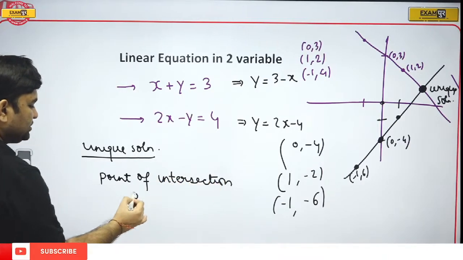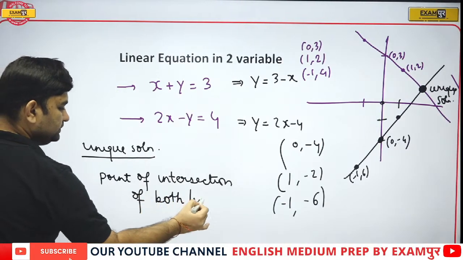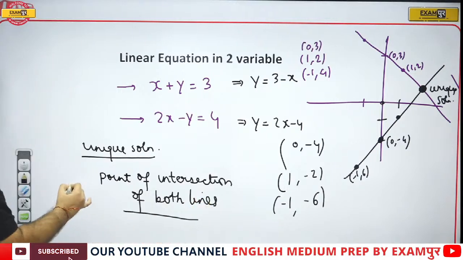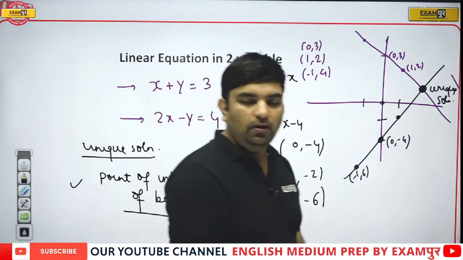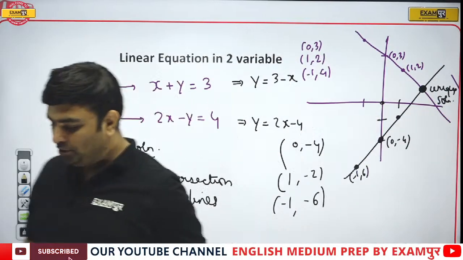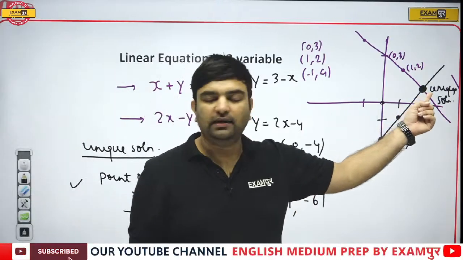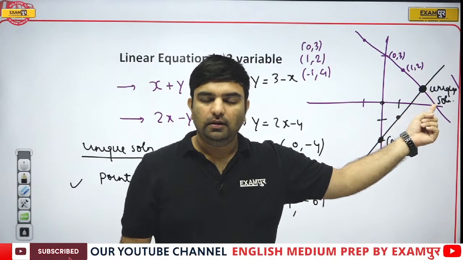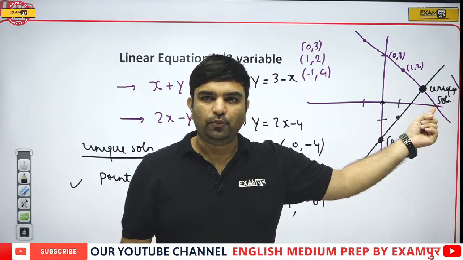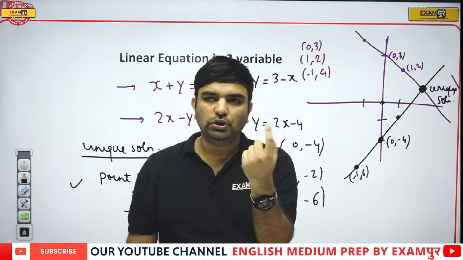So the unique solution is the point of intersection of both lines. Why unique? Because they are intersecting at a single point only. If they are intersecting at one point, there is one solution.